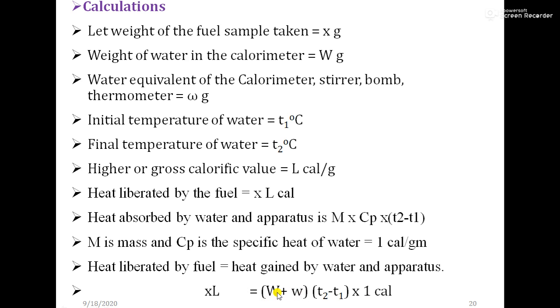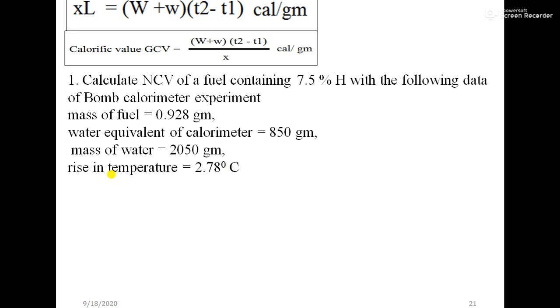W is the weight of water, omega is water equivalent, T2 is the final temperature, and T1 is the initial temperature. X is the mass or weight of the fuel, and L is the gross calorific value or higher calorific value. So by using this formula, XL is equal to (W plus omega)(T2 minus T1) calorie per gram.